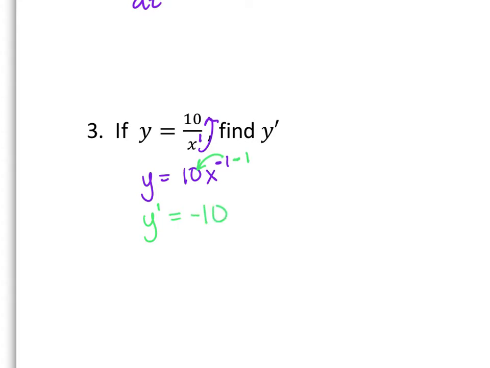So we get -10 x to the -2. What happens? This moves down to become positive. So we have -10 and 1 over x squared. And then, of course, we need to write it the most efficient way, which is -10 over x squared.